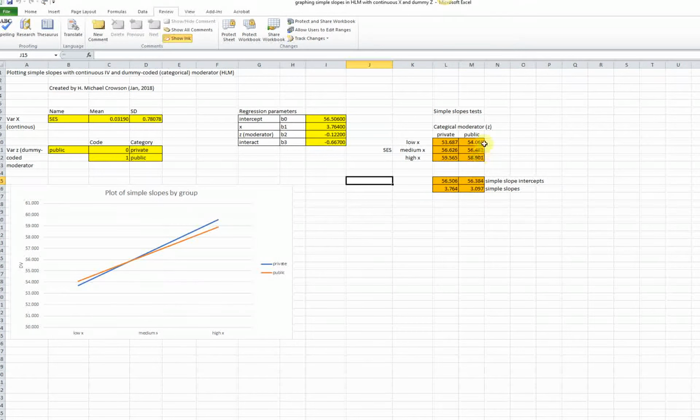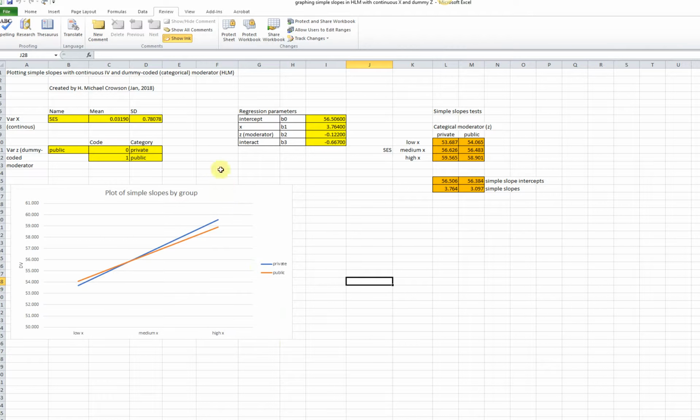That essentially varies depending on whether the student is in a private school or public school, and also the individual student's level of SES. You'll also notice that we have the plot right here. So as you type in the information in these yellow boxes, you'll get the predicted values, the actual simple slopes and intercepts, and also the actual plot right here. So you don't need to mess with anything over here in the orange boxes. You just need to feed information into the yellow boxes.